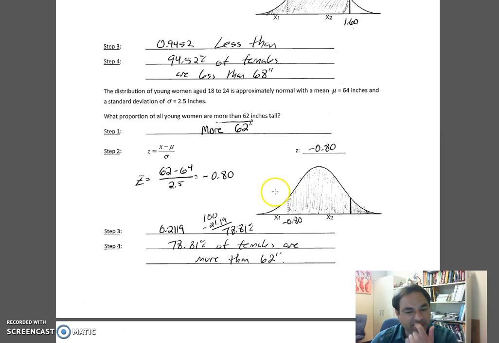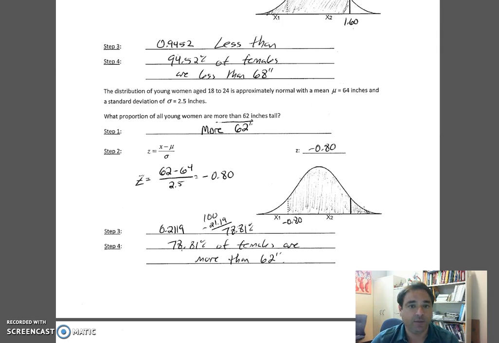So this part is 21.19%, but I was looking for more than. Since the table always tells us less than and we want more than, we subtract from 100. We want the other side. So 100% minus 21.19% is 78.81%. So 78.81% of females are more than 62 inches.